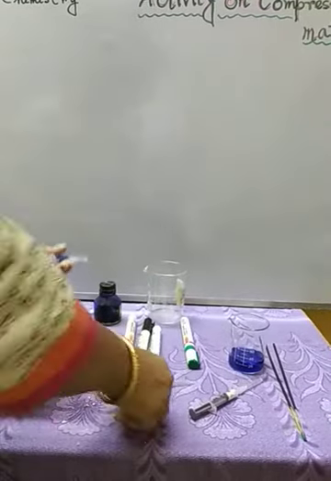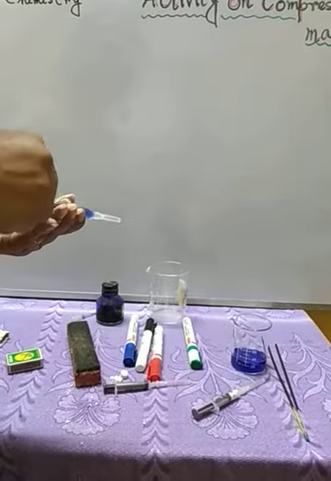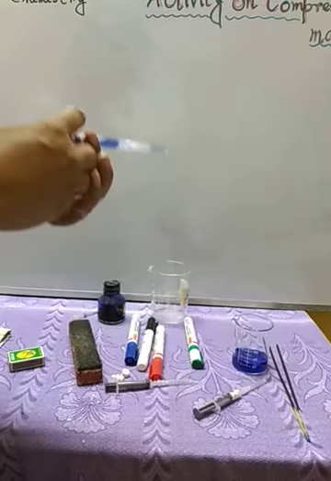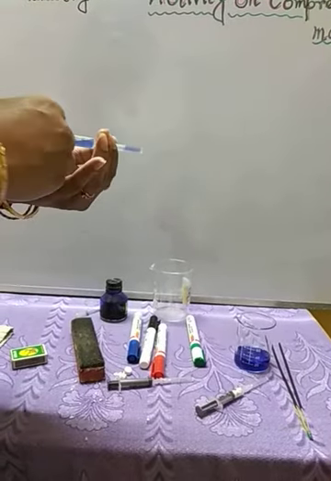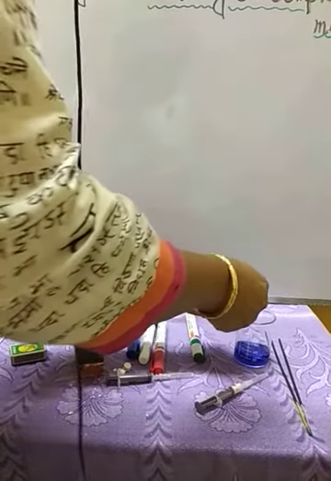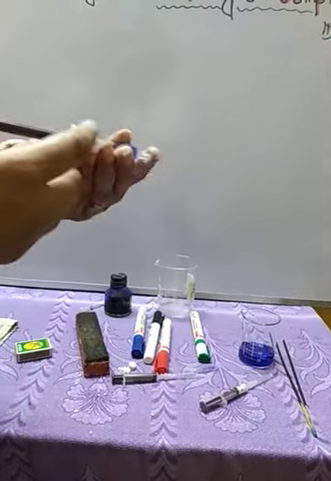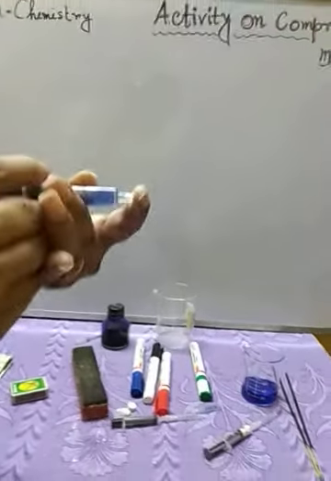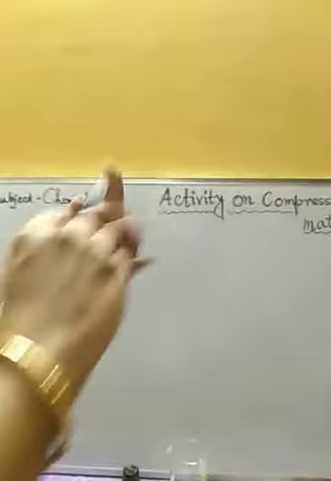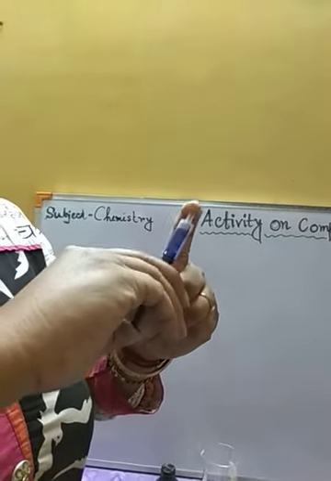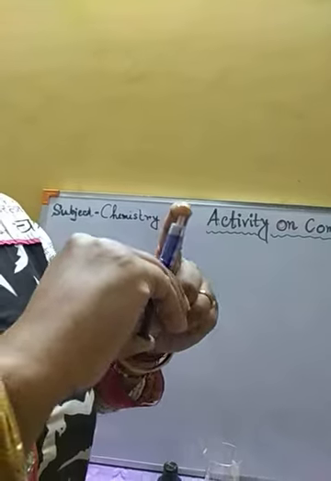Up to this it is enough. Now here I have to put my thumb. You can see up to this we have taken, and now I am pressing it gently.